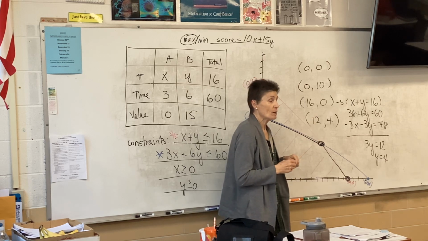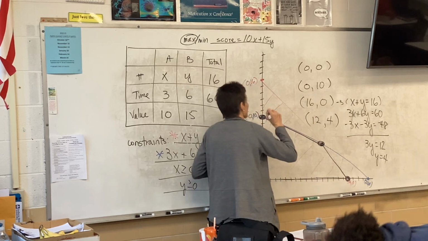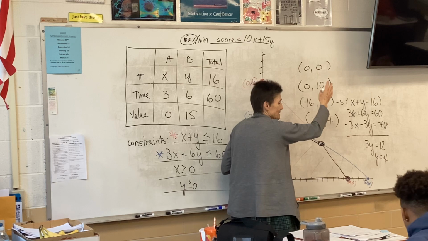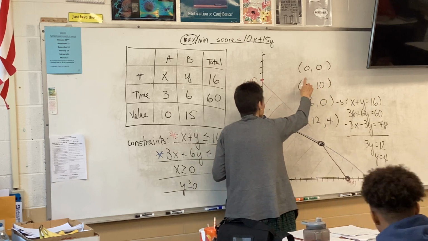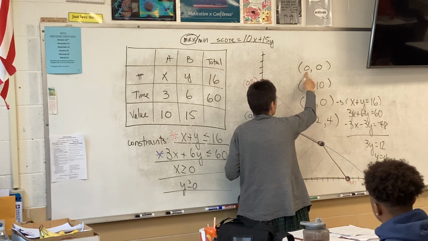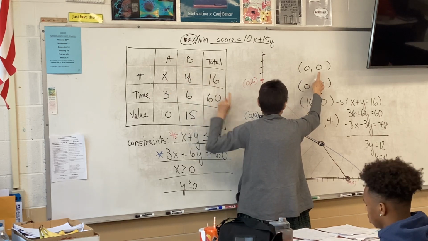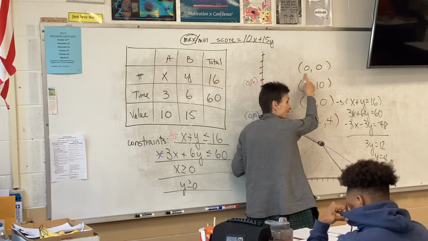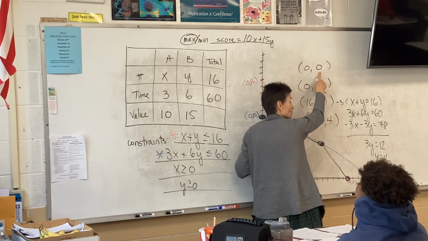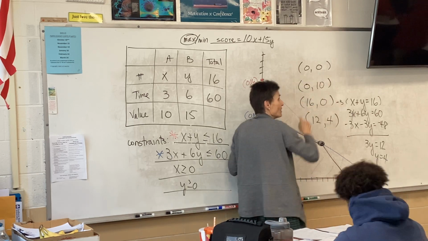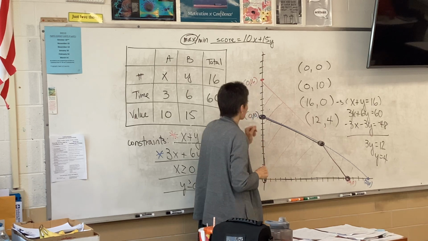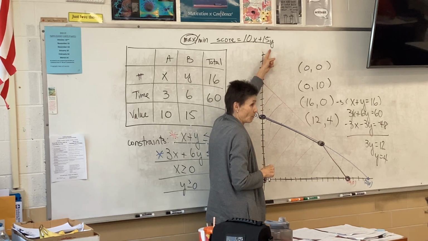To figure out which one it is, take each point. I'll start with 0, 0, that's the easiest one. Remember, X is the A questions, and Y is the B questions. If I don't do any A questions and I don't do any B questions, then what will my score be? 0 plus 0, right?